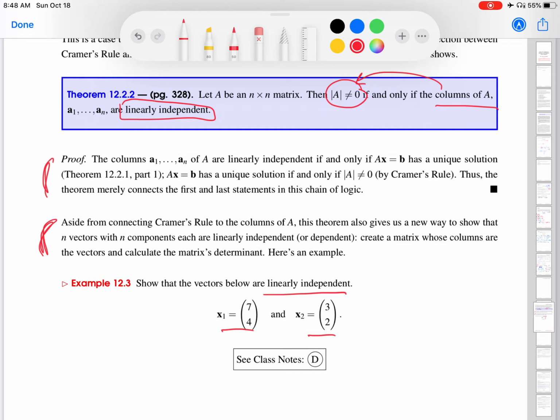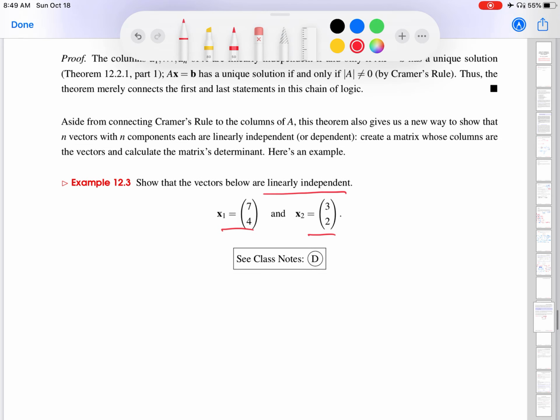If you show that they're linearly dependent, that tells you the determinant is zero. And vice versa: if you know the determinant is zero, then the columns are linearly dependent. So this is useful in many directions, all of the ones I just described.